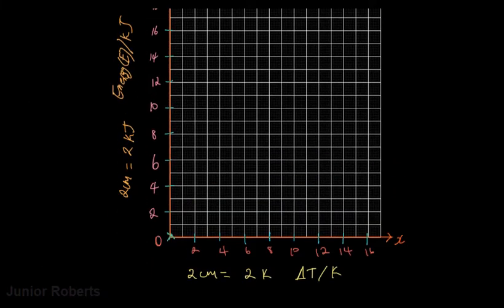On the y-axis, this is 2 and this is 4, so each small division is 0.2. So 3.7 will be about right here, and that corresponds to 3. So we place a marker there.